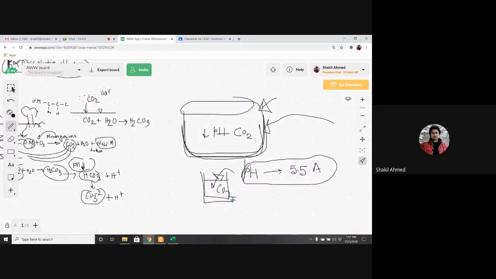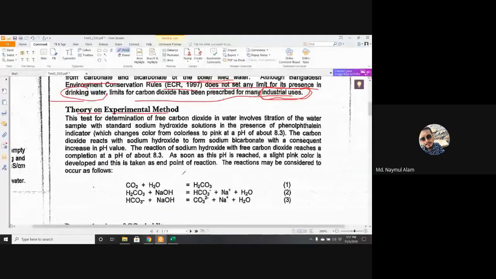Why is Coke dangerous, I mean soft drinks? Because it has a greater amount of sugar. That's the problem. Extreme concentration of sugar, and this is carcinogenic. It may cause cancer. Okay? Yes, sir.